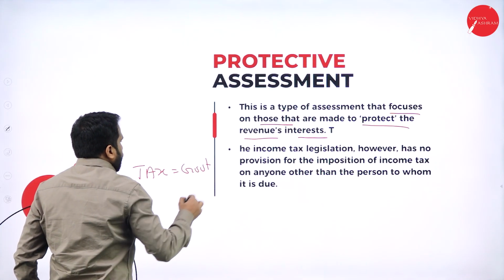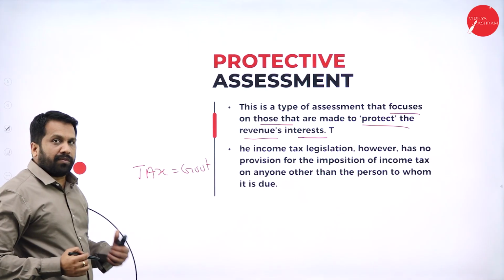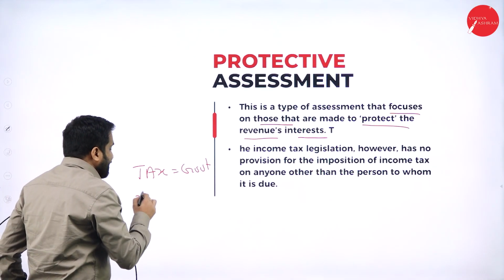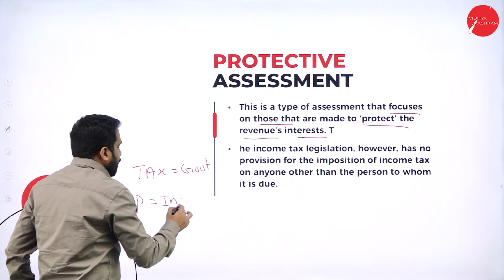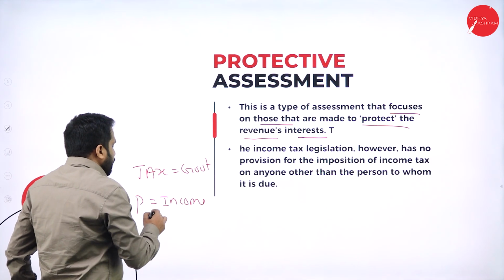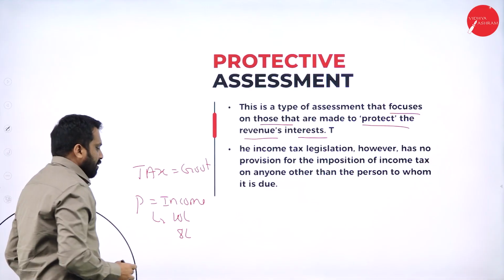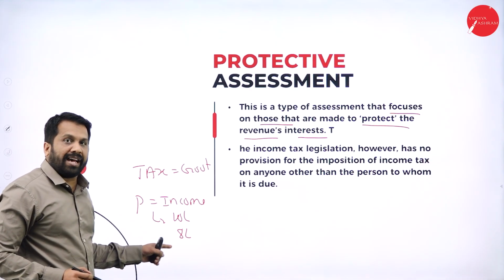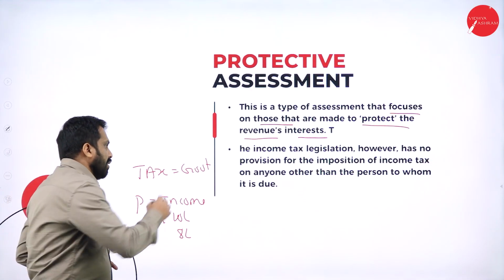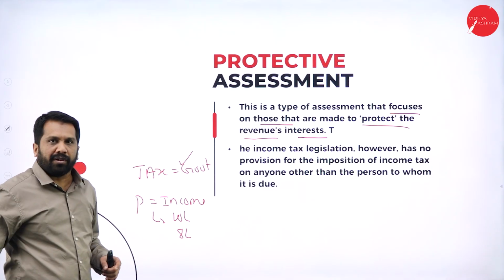Government. So tax is calculated on what? People's or assessee's income or revenue. If his income is 10 lakh, if he shows only 8 lakh, so what is the loss? 2 lakh worth is lost to whom? Government. Hope you are clear.